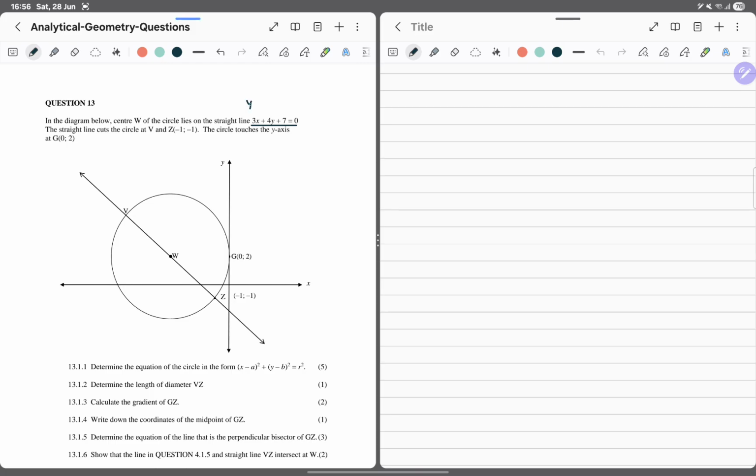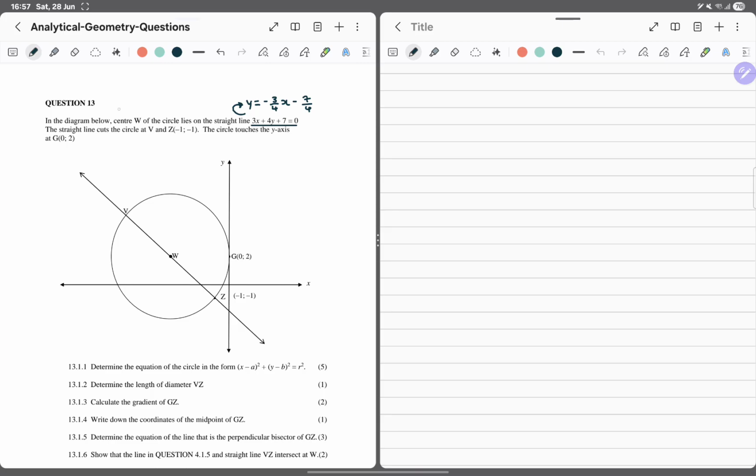I often prefer to isolate y here. So this becomes minus 3 over 4 x minus 7 over 4. Of course, it's not a big deal, but I like this format, especially on the Cartesian plane.